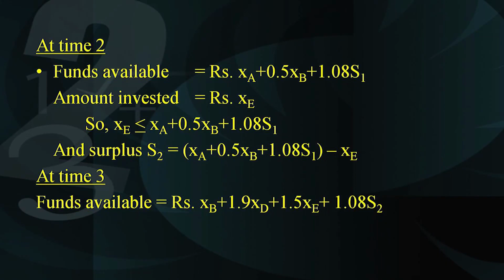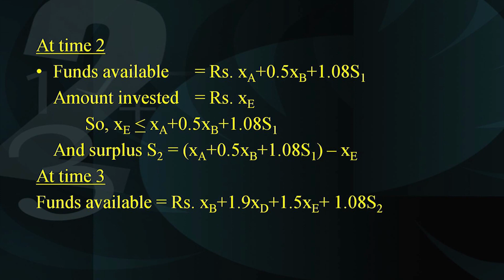So, therefore, we have a constraint that the amount invested should be less than or equal to the funds that is available, because you cannot invest more than what is available. Therefore, again as before, we will calculate the surplus amount. The surplus amount is given by S2, which is equal to the difference of the amount that is available and the amount that is invested.